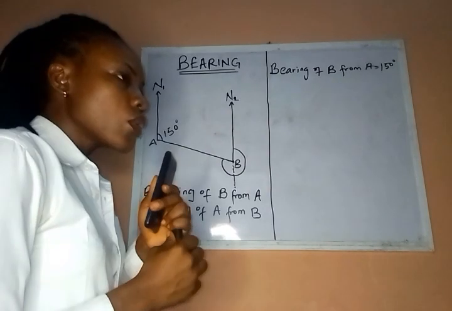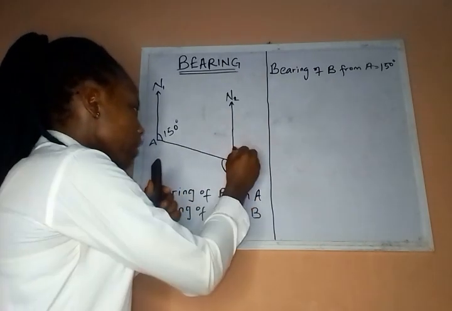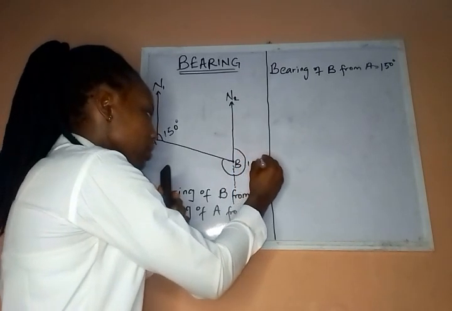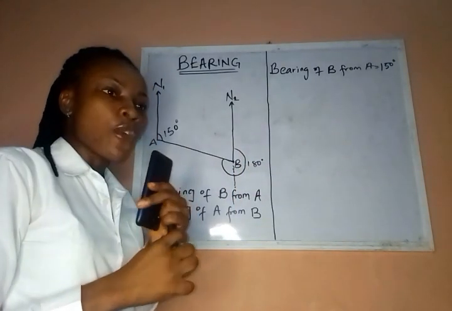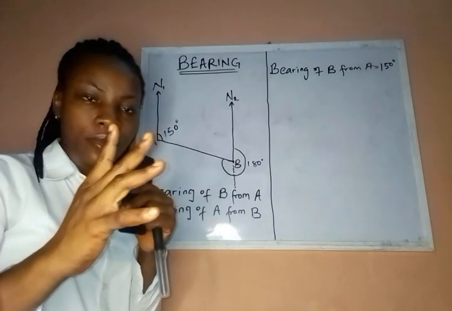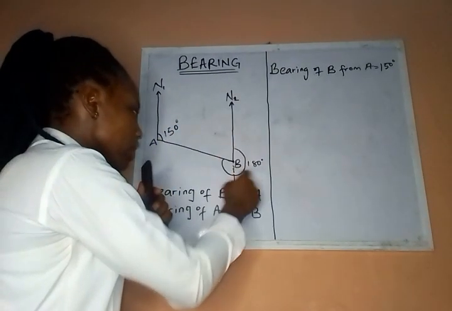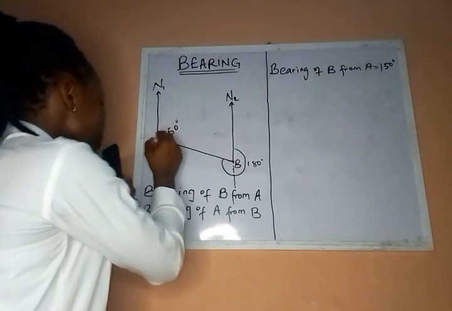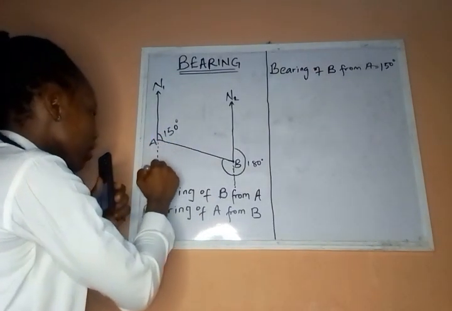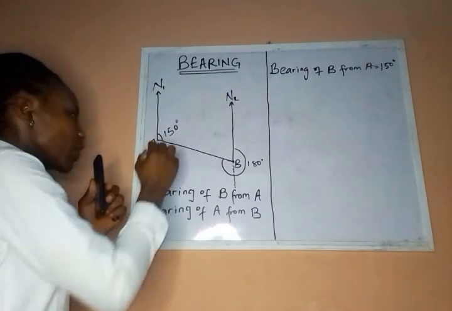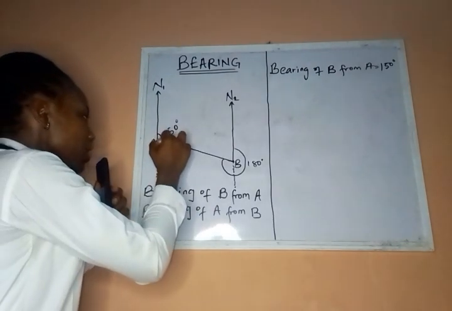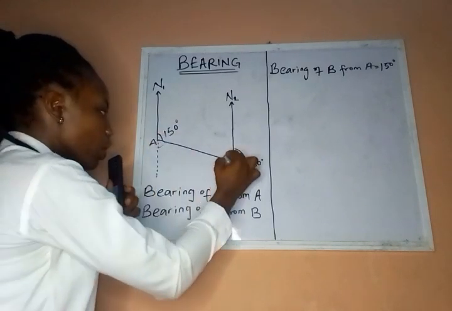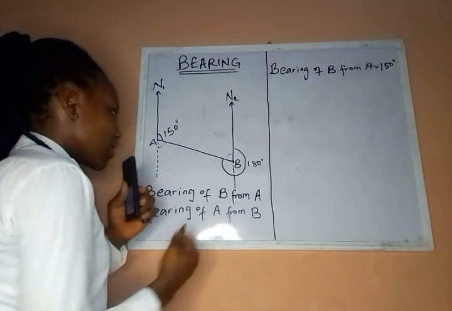An angle, we know that from here to here is equal to 180. That is the sum of angles on a straight line is 180. And again, what you have to do, you trace this one down to south. You know, the angle here is equal to the angle here.